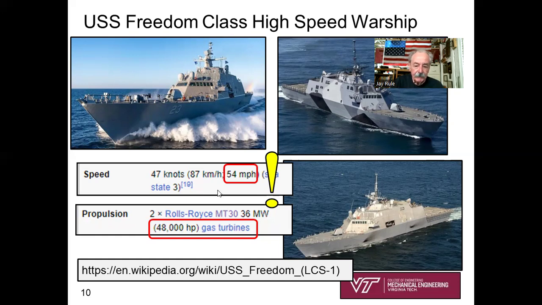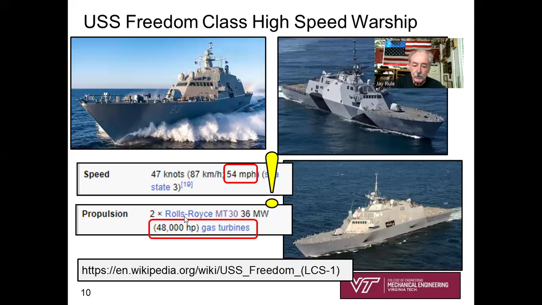I looked up after his presentation on Wikipedia and saw that the speed of this ship is rated at 54 miles an hour. That blew my mind. I said, this can't be a ship going through the ocean at 54 miles per hour. So to learn more, I asked, how is this being propelled through the ocean?